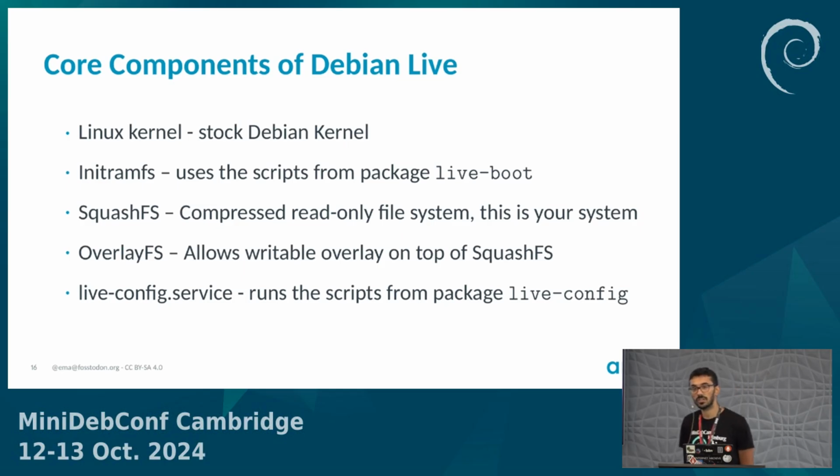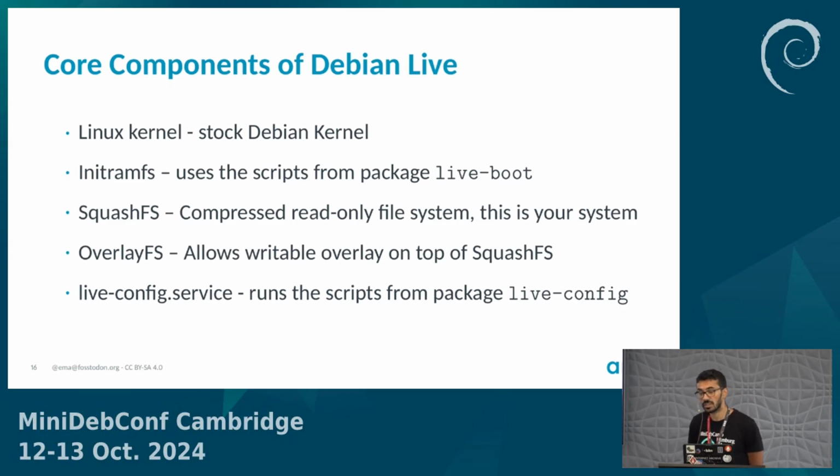The initramfs of a live system has a few scripts that come from a package called live-boot, again in the Debian archive. And then what the image does after that step of creating the chroot that I mentioned before is to create a squashfs out of that. Squashfs is a compressed read-only file system. It is actually the system that you will run on the machine where Debian Live runs.